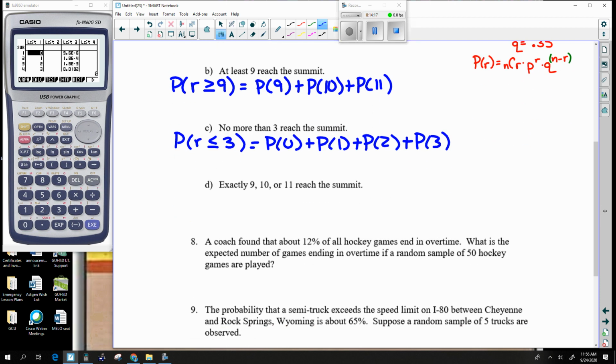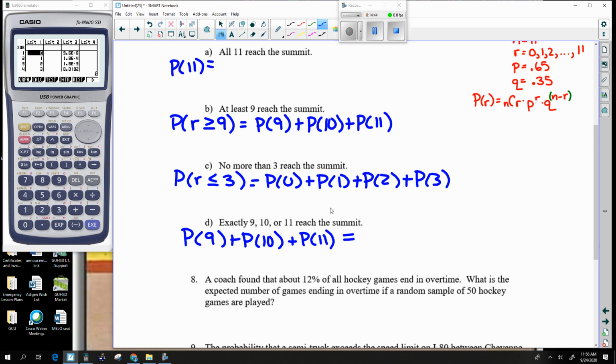And then because this is an OR, the probability of that is 9, 10, and 11. So again, that is exactly the same thing as the answer to B. So I wouldn't expect that on the test, but whatever. It is what it is. All right. So all we got to do is find these probabilities, add up what we need to add up, and things like that.